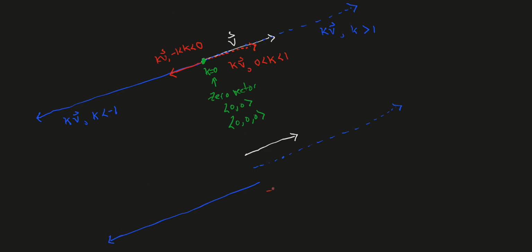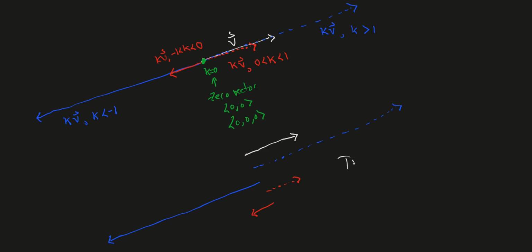Notice if you extend each of them indefinitely, what you end up with are parallel lines. So vectors are said to be parallel if they are scalar multiples of each other.